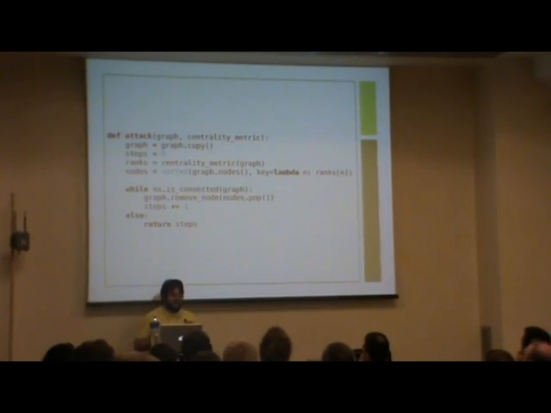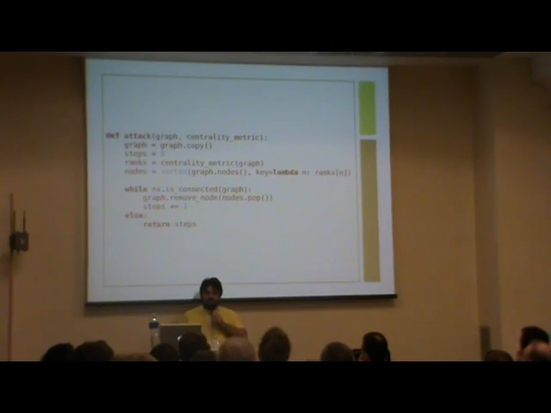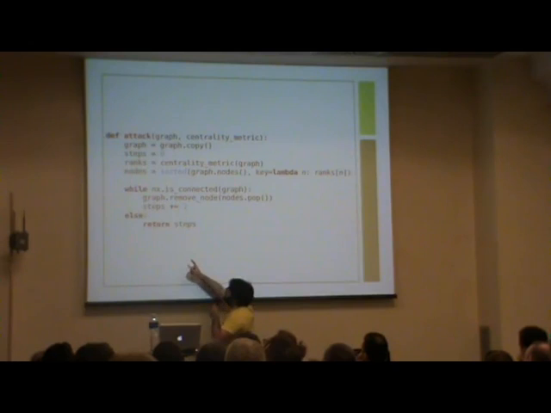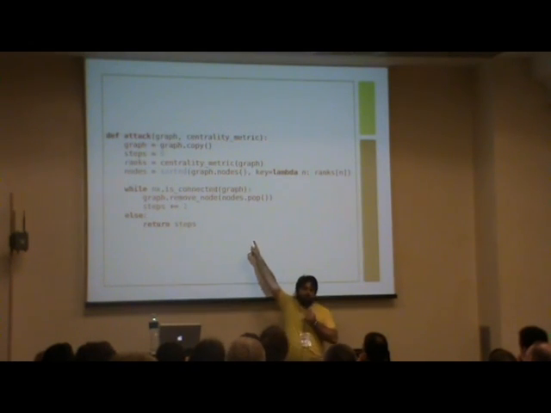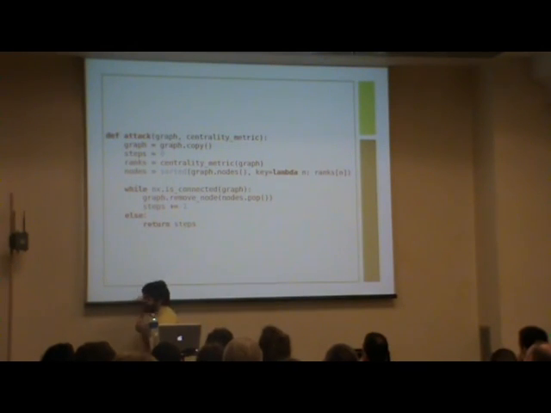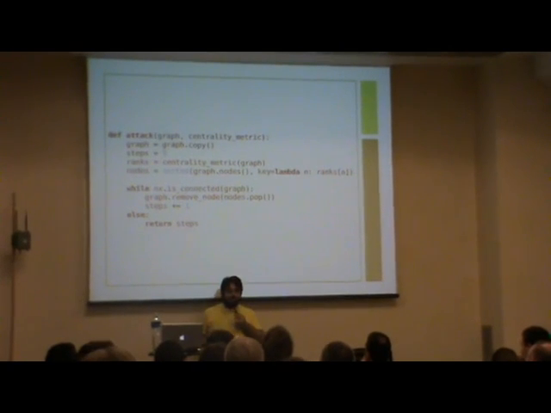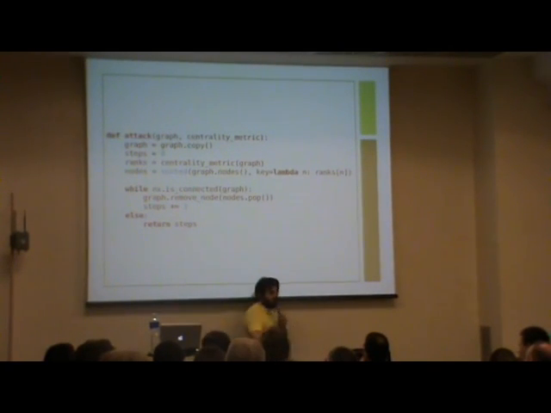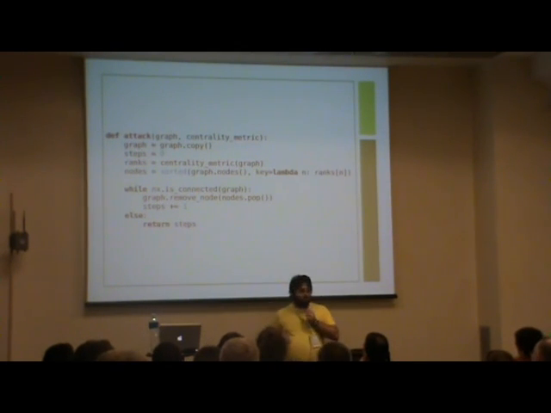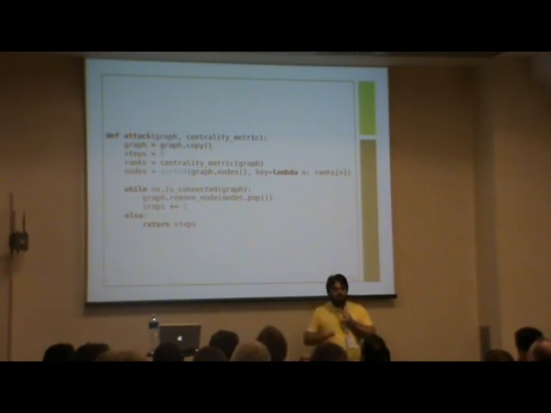Suppose you want to break a network, and you want to remove just a small number of nodes. What do I mean by breaking the network? For example, in this context, it is just making it not connected anymore. So, for example, you have an argument with your boss, and you want to destroy your company network. And you want to turn off just some routers, not every router, and you have to choose which routers to turn off.